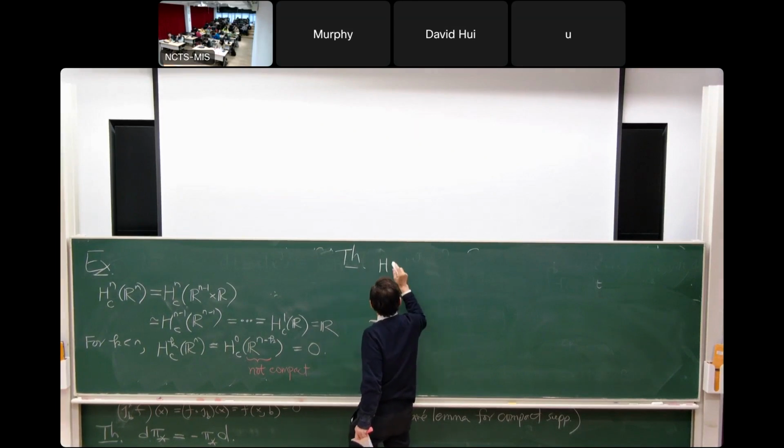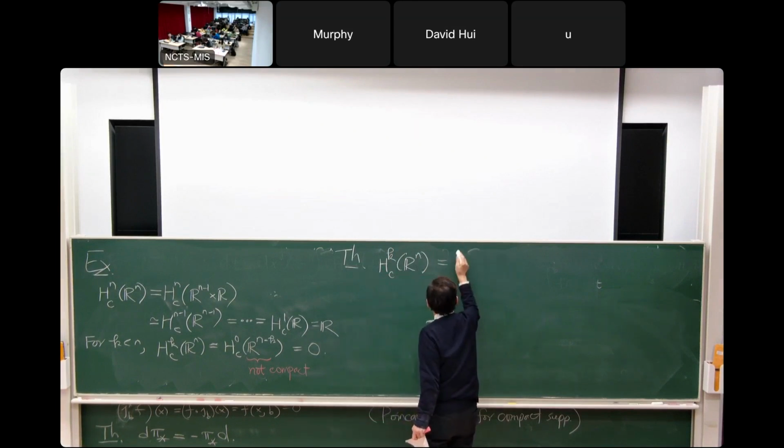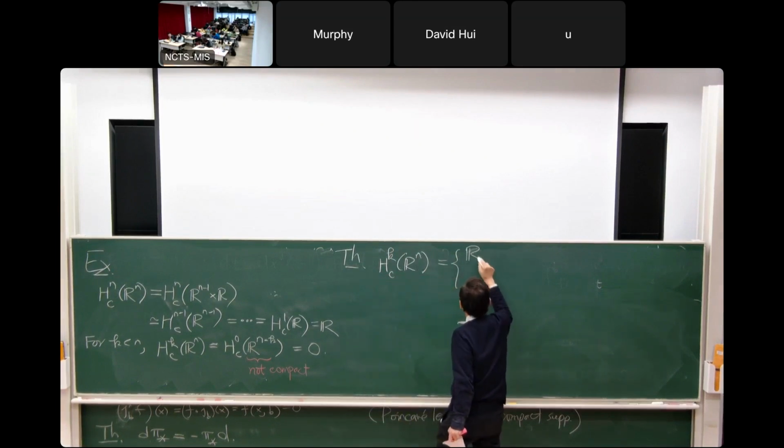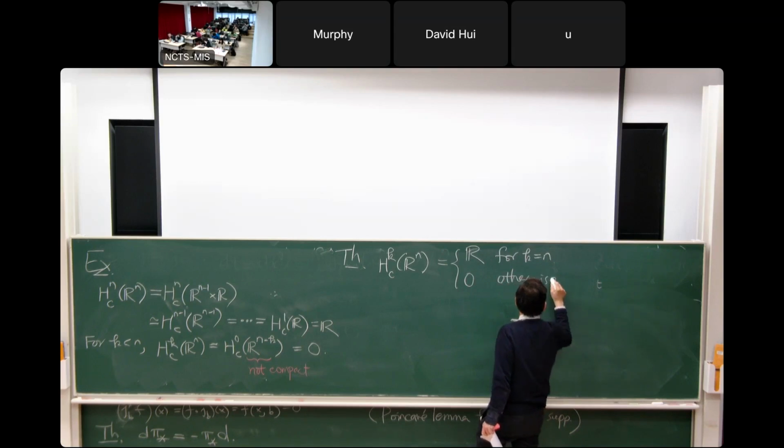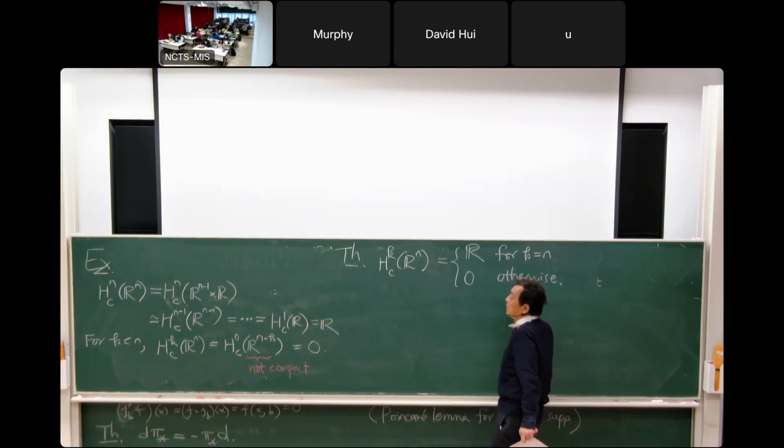The cohomology with compact support of Rn is equal to R for K equal to N and is 0 in all other dimensions. Okay?